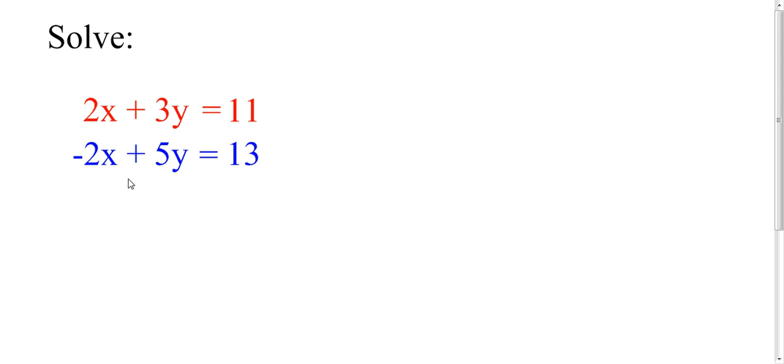But if you look at this, obviously the coefficients in front of the x's are opposites. 2 and negative 2 zero each other out when you add these things together. It's just like when you're dealing with equations or expressions: you add or combine like terms. So x's with x's, y's with y's, numbers to numbers. The other thing is that you always need to make sure that the variables are on the same side of the equal sign.